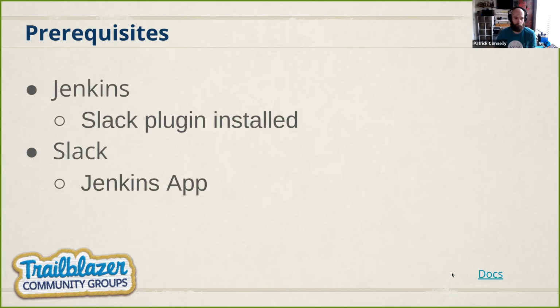The biggest thing is your Slack needs to be marked as a bot for a lot of this stuff to work really well. You don't have to, you can just send messages, which we'll talk about in a second. But if you want to do any of the more rich stuff, it has to be labeled as a bot user. And that is also in the documentation for the Slack plugin.